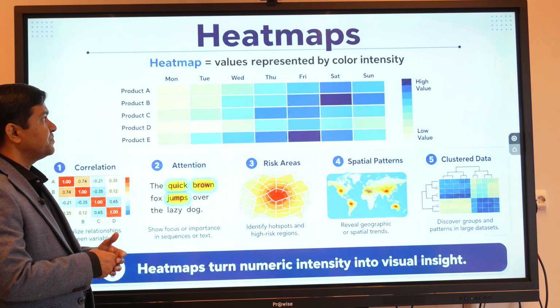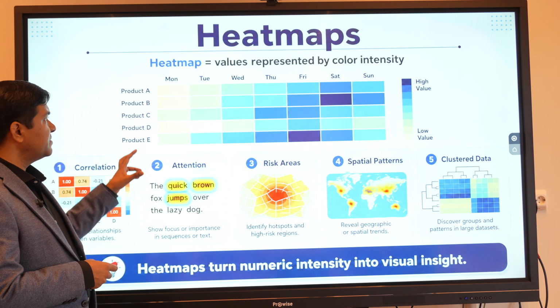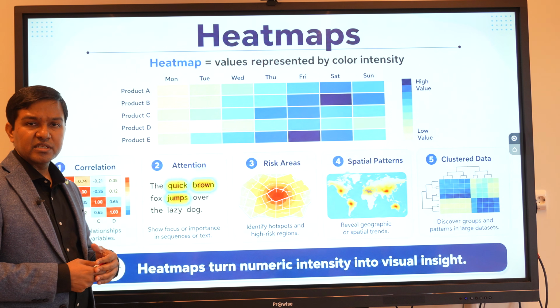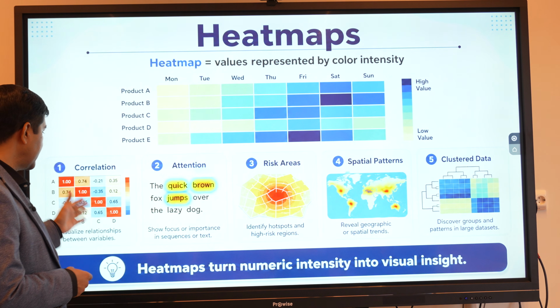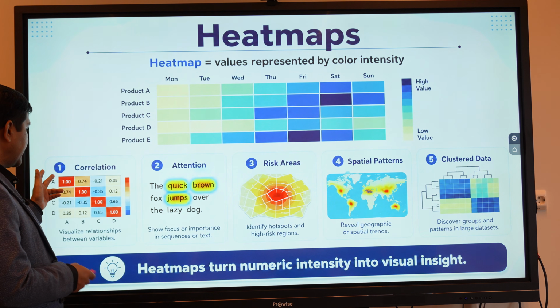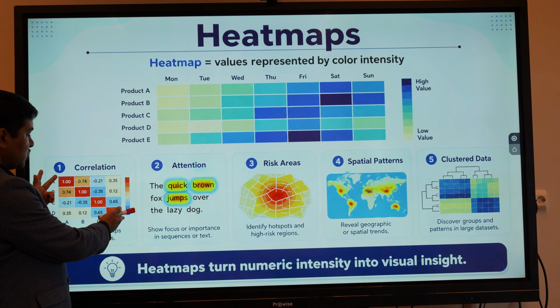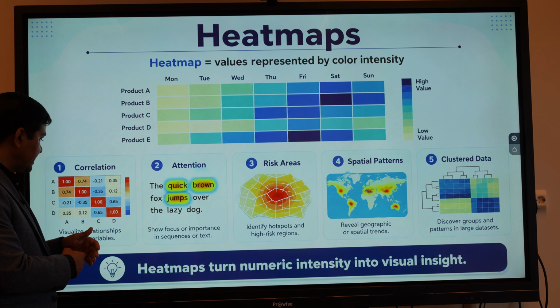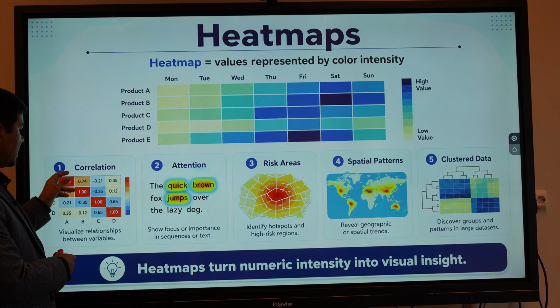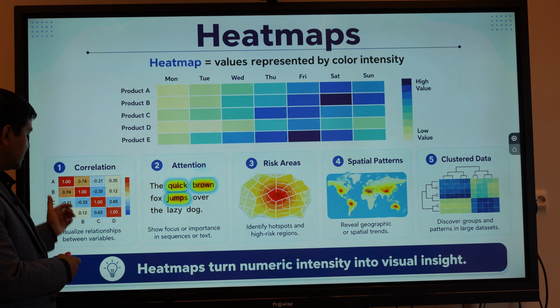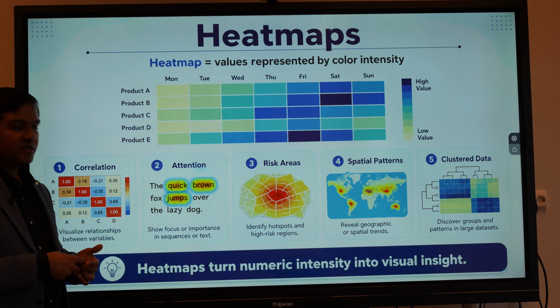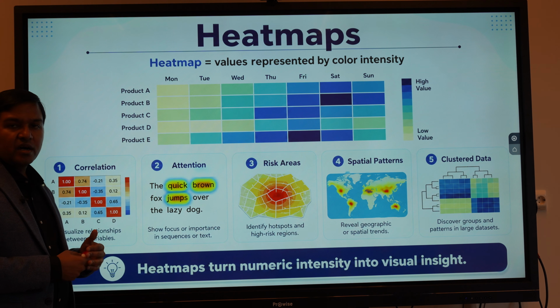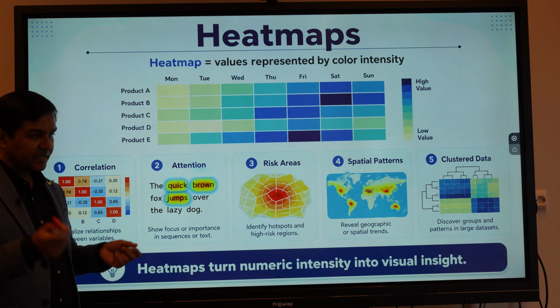First is the heat map. A heat map represents data using color intensity. For example, with correlation data varying from 0 to 1, by looking at the colors we can find the relationship between variables. Similarly, it can show where a person's eye gaze goes when reading a text.